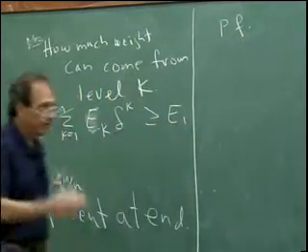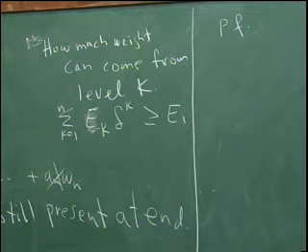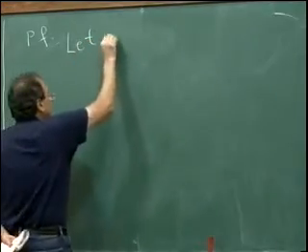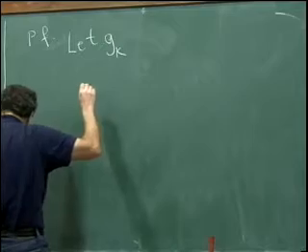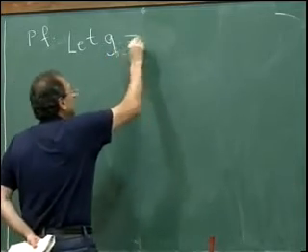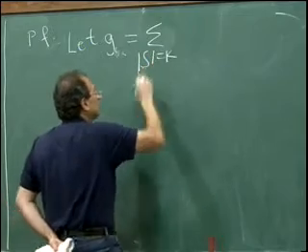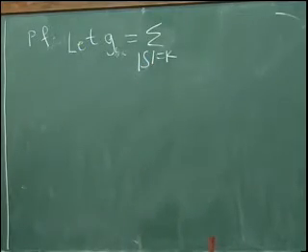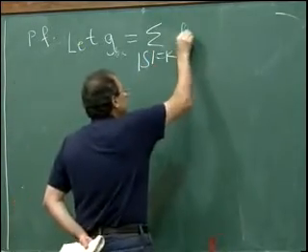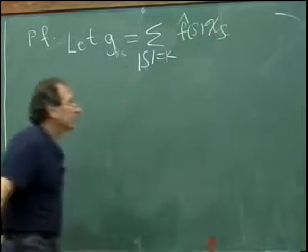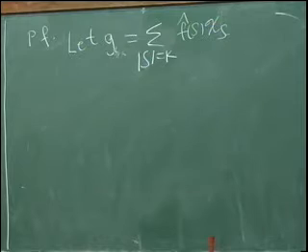So let me now give you a proof of this theorem. We're going to let G be simply the Fourier series at level k. This is just the sum of the Fourier coefficients at size k.